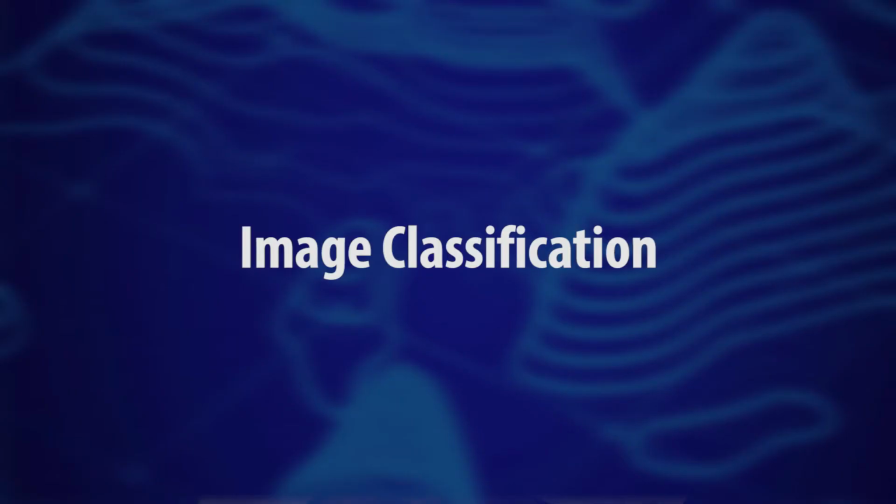Image classification. The generation of ortho imagery and topographic normalization demonstrate a form of remote sensing GIS integration. The most sophisticated type of integration is represented in digital image classification and modeling.